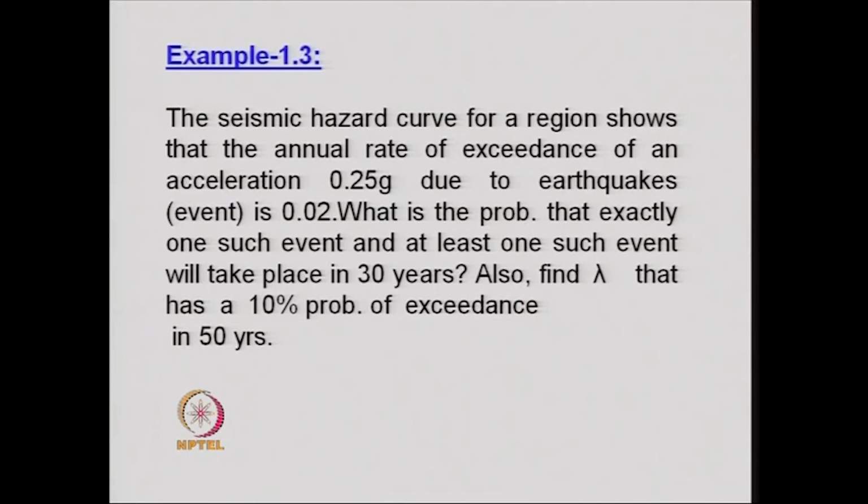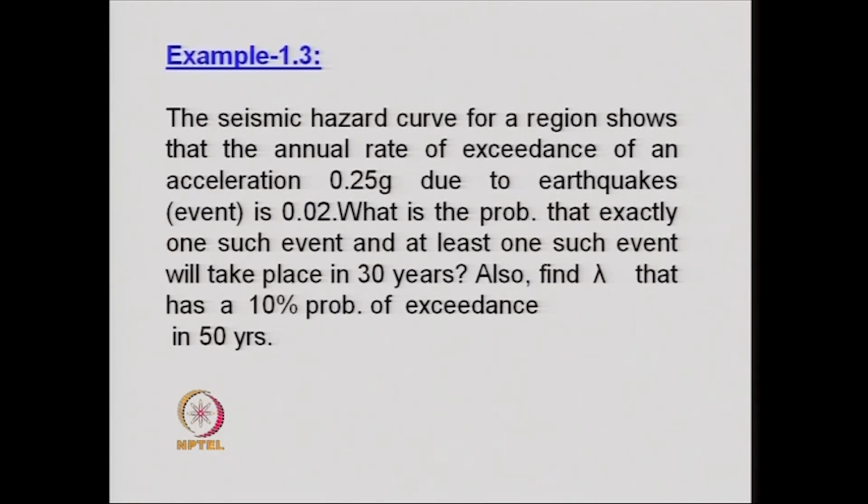Now let's look into the next example, which is a very simple, straightforward example in order to clarify the temporal distribution of the earthquake, which is assumed to be a Poisson model.